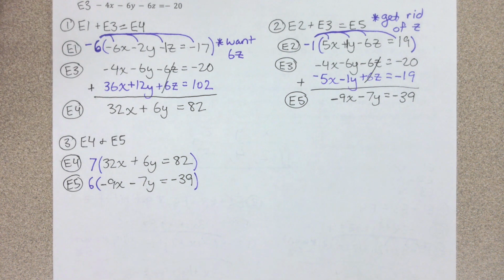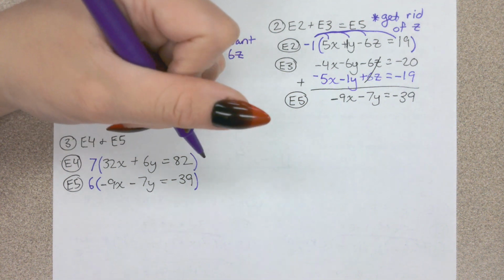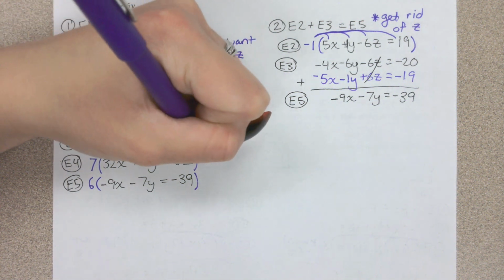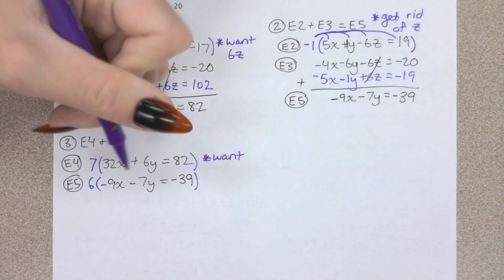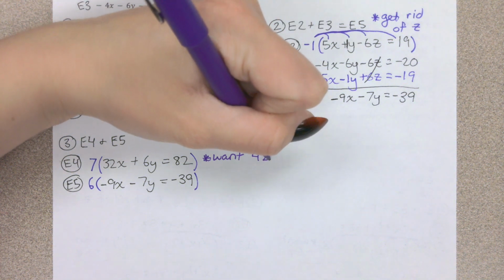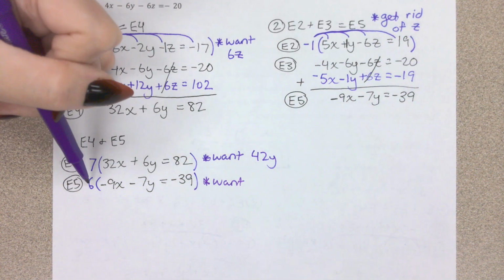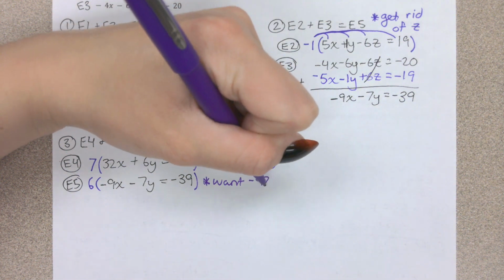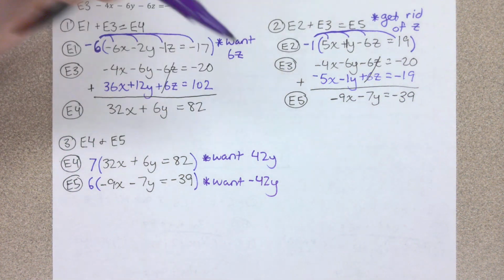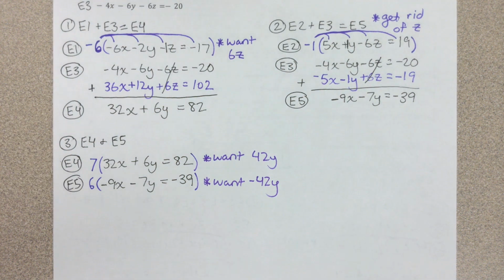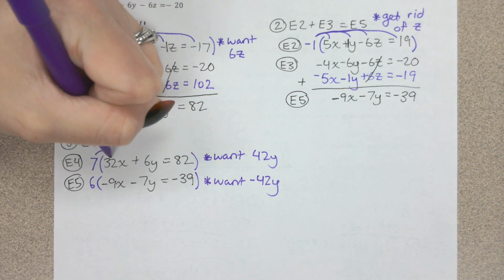We don't need any negatives. So this is going to give me positive 42y. And this is going to give me negative 42y. As you see, those will cancel if I multiply correctly. Okay. Let's distribute.